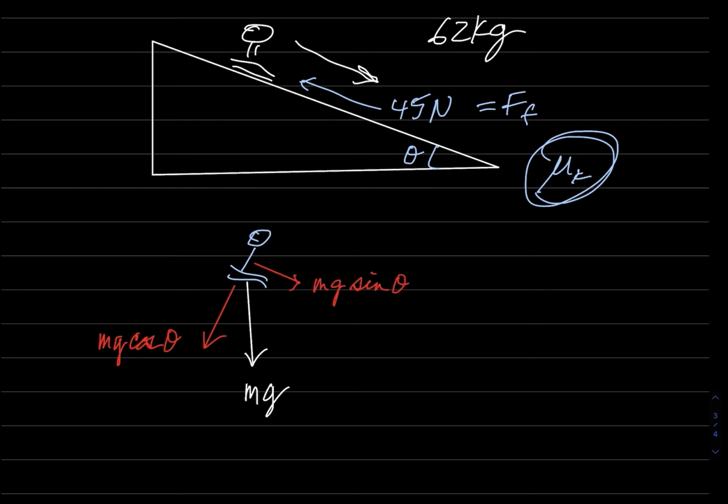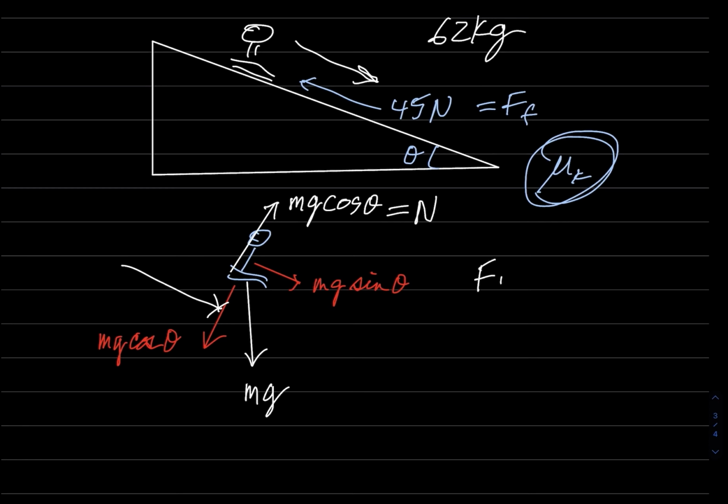The skier is not accelerating down into the mountain itself, so the mountain is providing a normal force on the skier, that is mg cosine theta, to match the component of gravity that is perpendicular to his surface. And this is the normal force, like I just said.